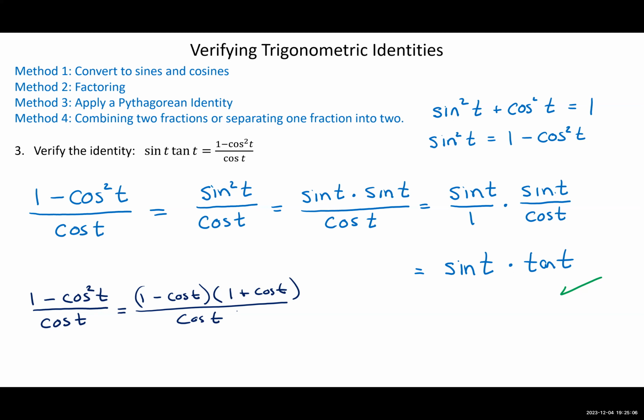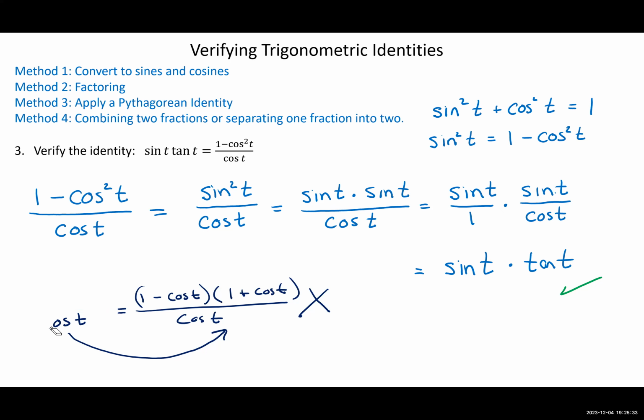This is not going to be an easier approach, but just try something. You try something, it looks like it's getting more complicated. So you say, okay, stop. Let me go back. I'll try something else. Instead of factoring, let me try a Pythagorean identity. You could have started with the left-hand side and converted everything to sines and cosines.